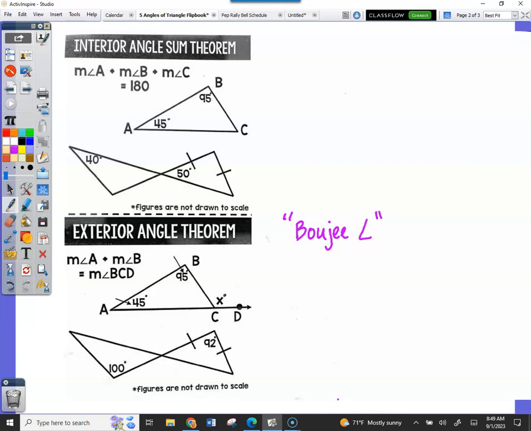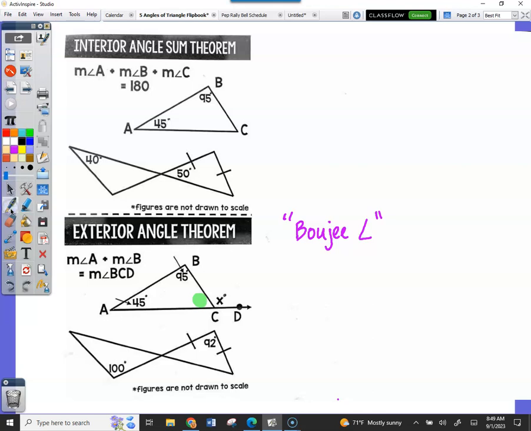All right, so what exactly is the bougie angle? Look right here, I'm going to ease you into it. What shape is this? A triangle. And the angles of a triangle add up to 180. So 45, 95, and green add to 180, correct? You don't have to highlight that.